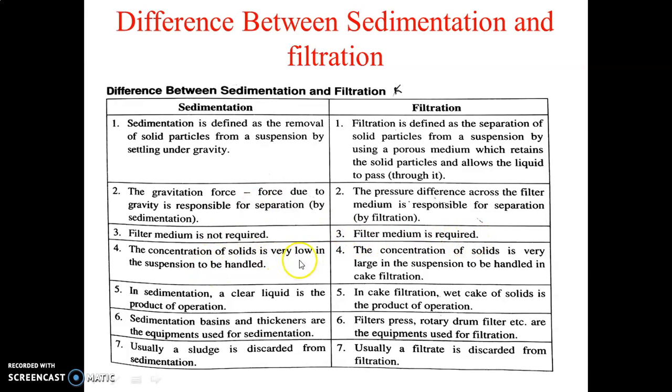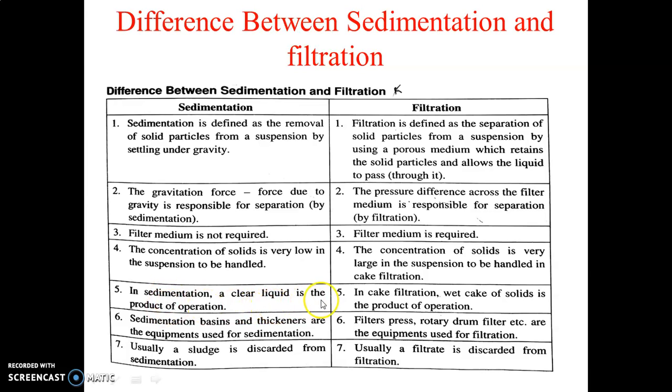In sedimentation the concentration of solid in the suspension to be handled is very low, as compared to filtration. But in case of filtration, the concentration of solid is large, which can be handled as cake filtration.